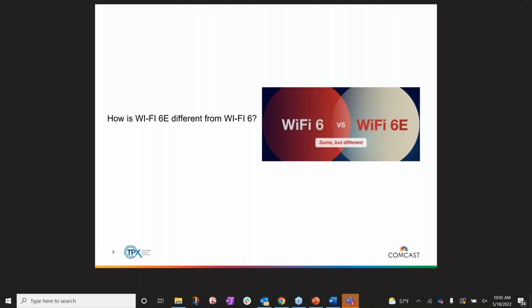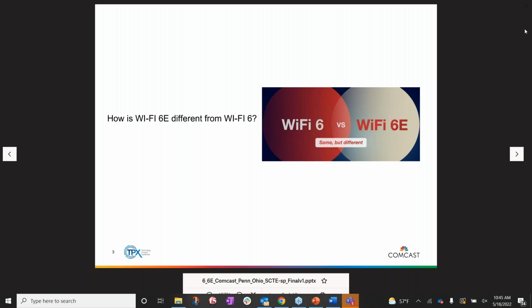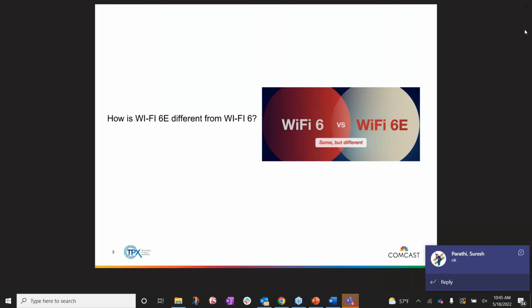Then 6 gigahertz was released in the year 2020. The Wi-Fi Alliance, out of the ordinary, said that 6 gigahertz is going to operate in an AX specification, and that's the reason the convention has been maintained.